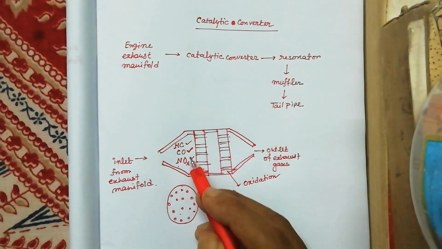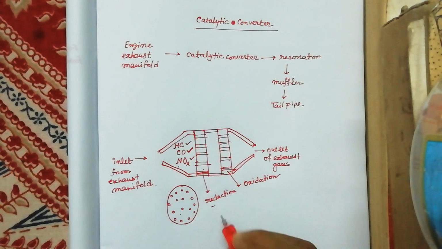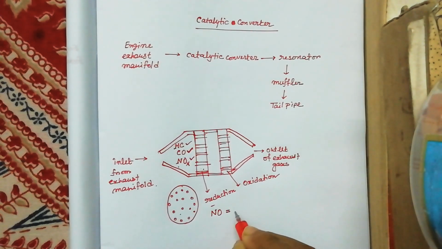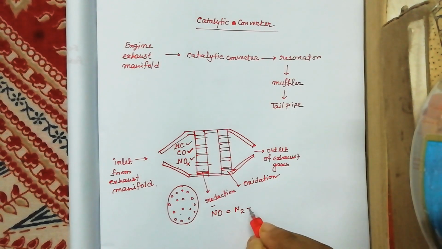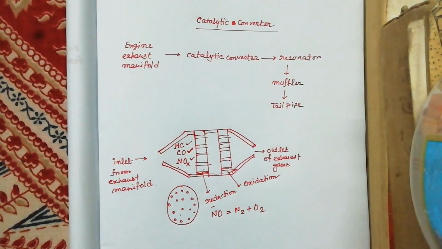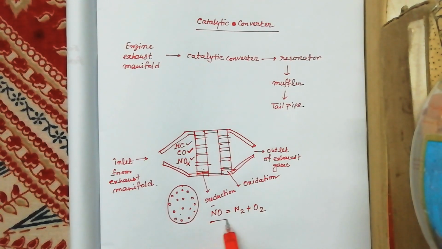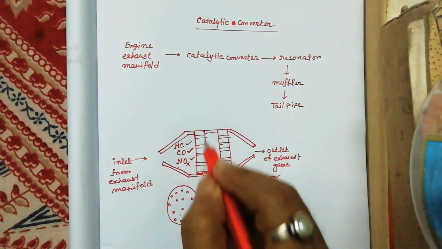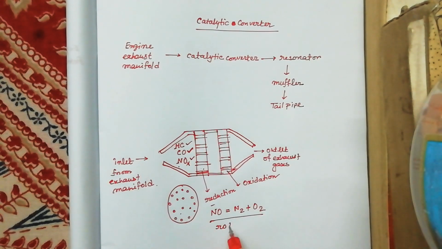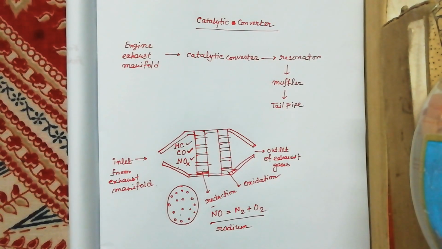When NOx passes through, it is converted into non-harmful nitrogen and oxygen. The main catalyst used here is rhodium. Clear? So in the reduction process we deal with NOx and oxygen is removed.